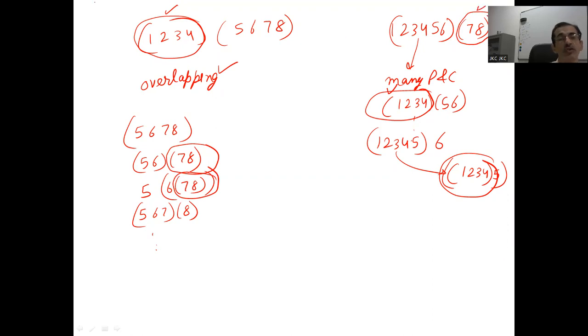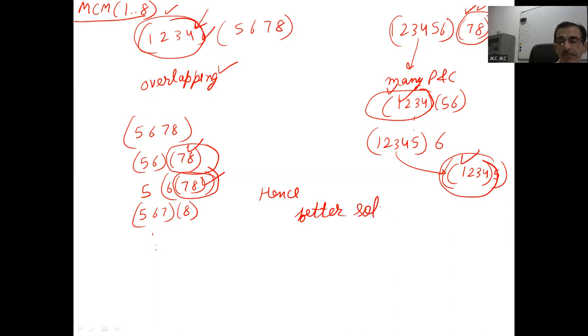So when MCM of 1 to 8 is being tried, MCM 1, 2, 3, 4 will get calculated many times. Similarly, MCM 7, 8 will get calculated many times, and that is a kind of overlap. Hence, obviously, a better solution is possible via DP. And that is what we are going to try.